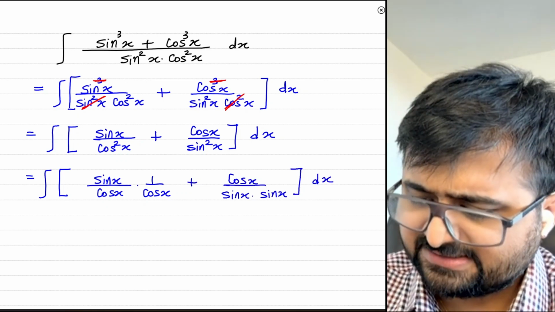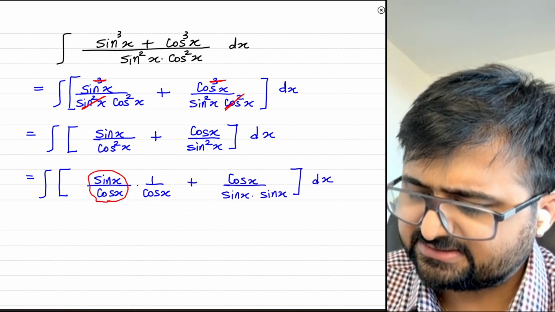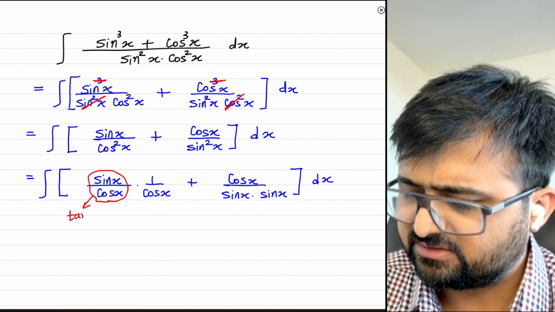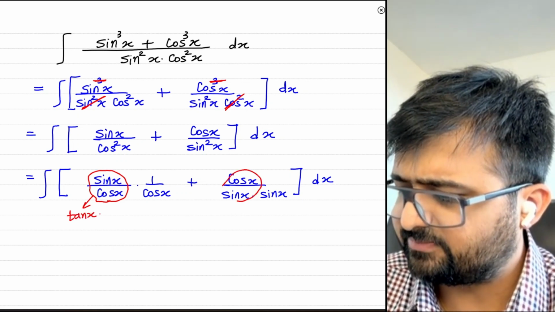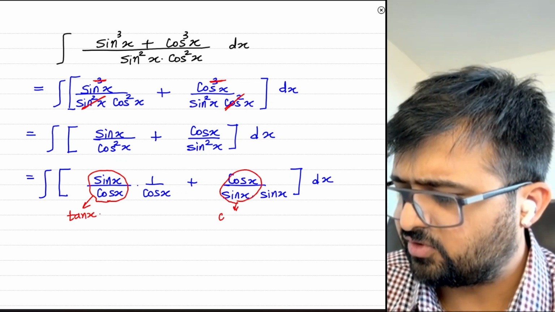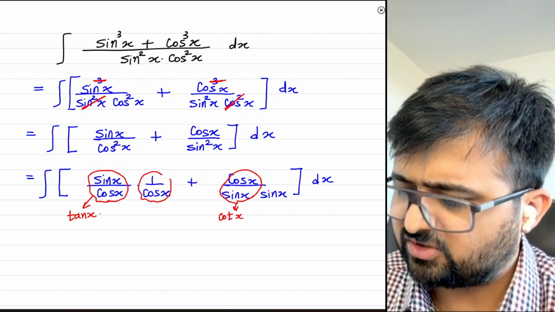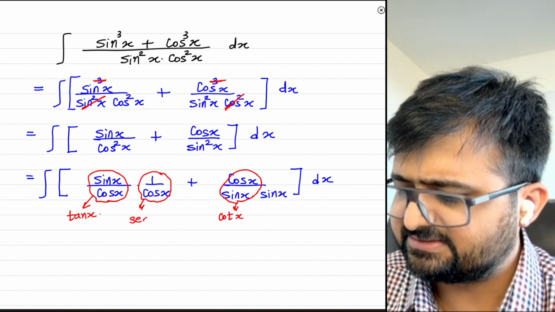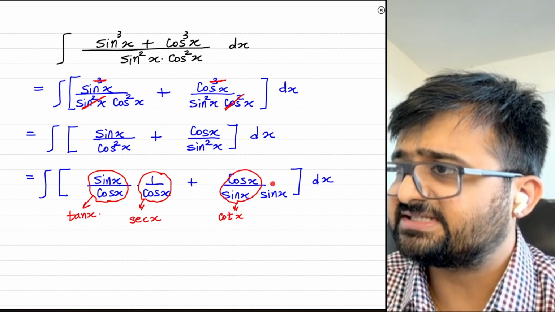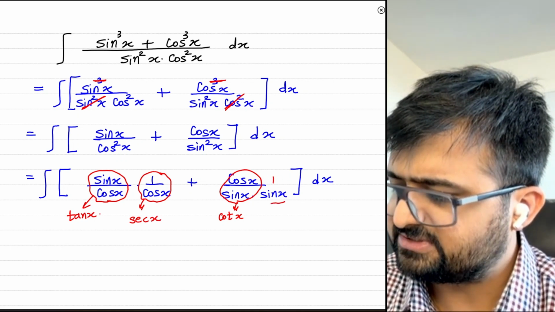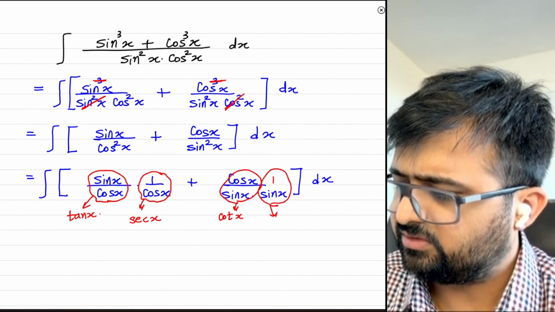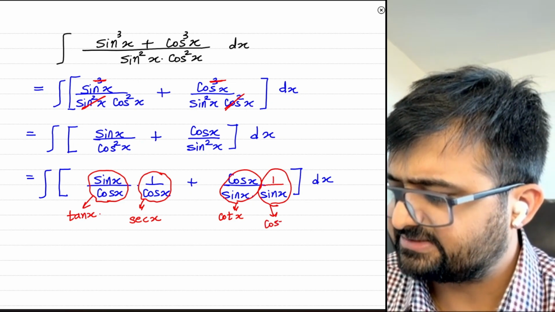So now this sin x upon cos x will be tan x, and that cos x upon sin x will become cot x by trigonometric identities, and that 1 upon cos x we know is sec x, and that 1 upon sin x over here is nothing but cosec x.